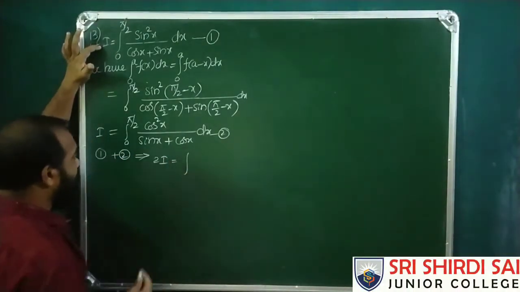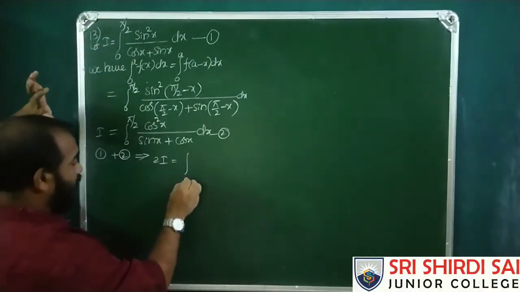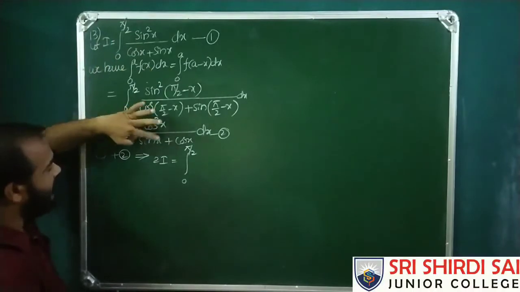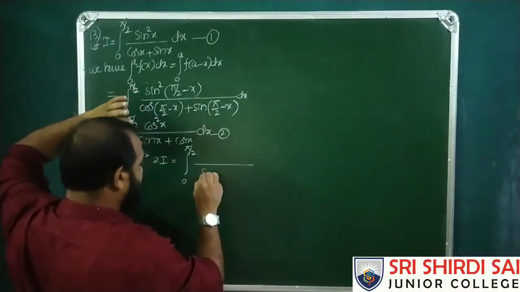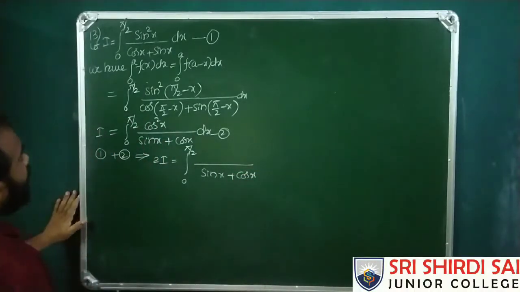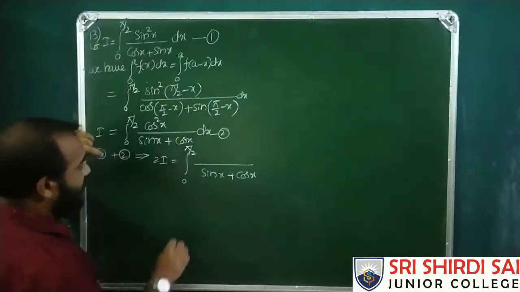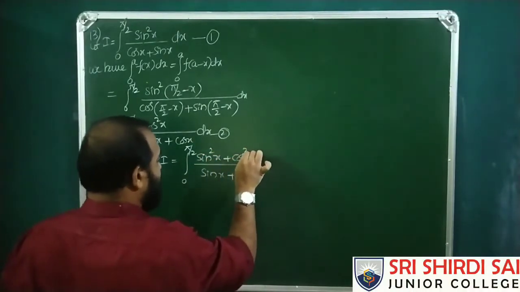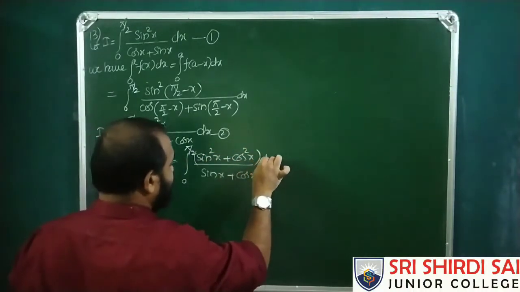If we add, 0 to pi by 2 is the same for both of them, and the denominator sin x plus cos x, the LCM is the same. So in the numerators we need to add sin square x plus cos square x dx.